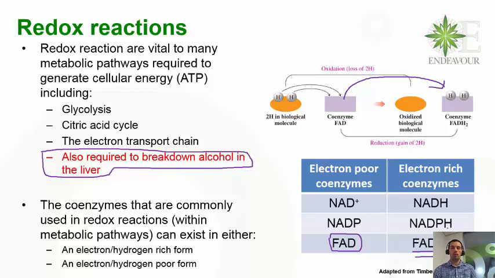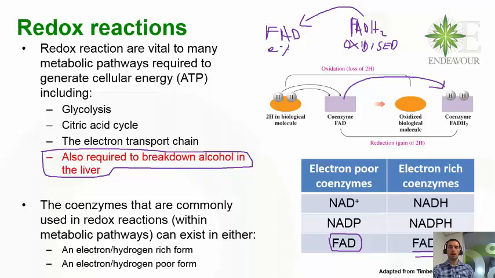It would also be possible for that FADH2 to participate in a redox reaction where it actually gives away hydrogen and becomes FAD. And in this case, it would be oxidized by a different reactant that it's reacting with. So in this case, it's actually losing hydrogen and therefore becoming electron and hydrogen poor. So that's the magic of these coenzymes.